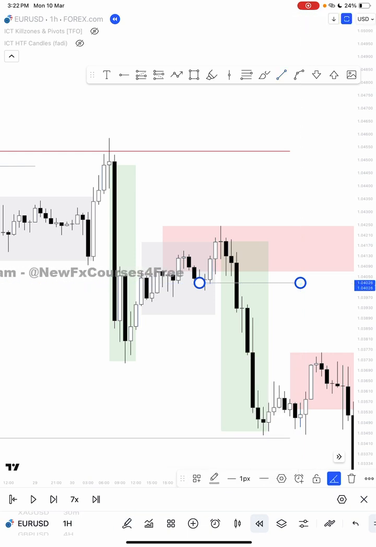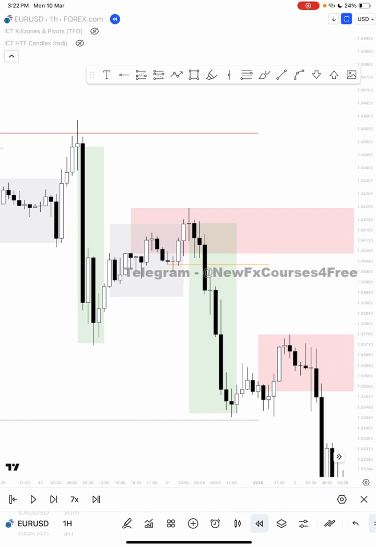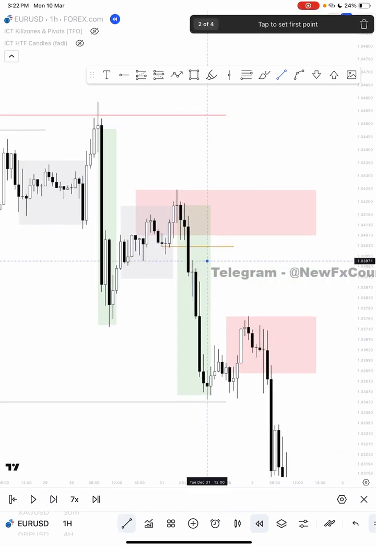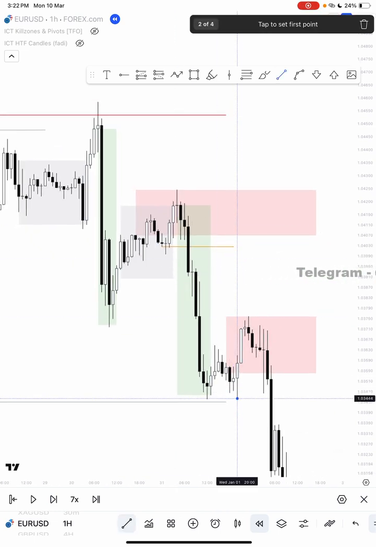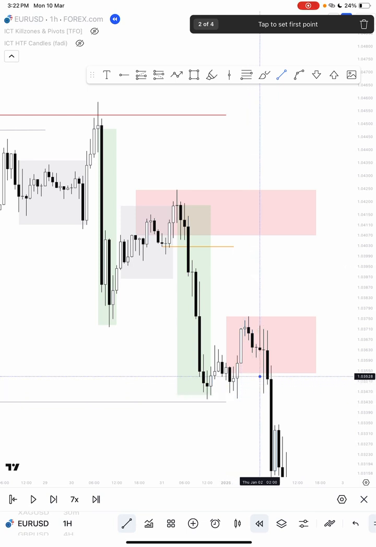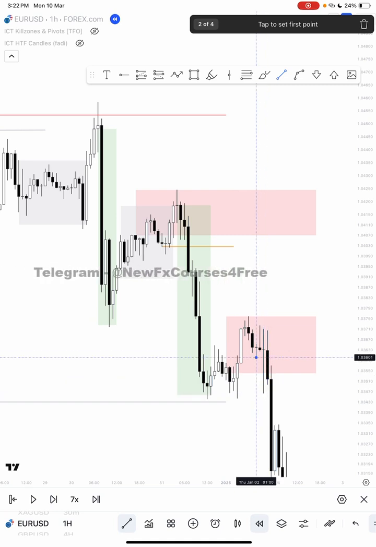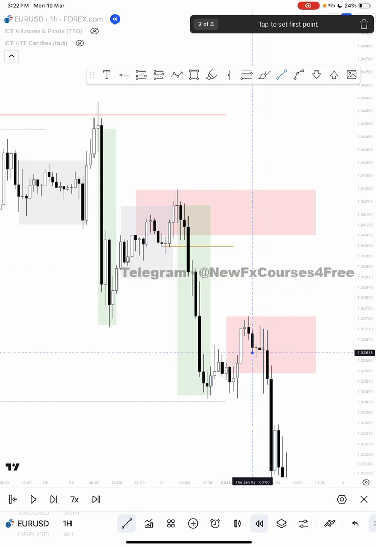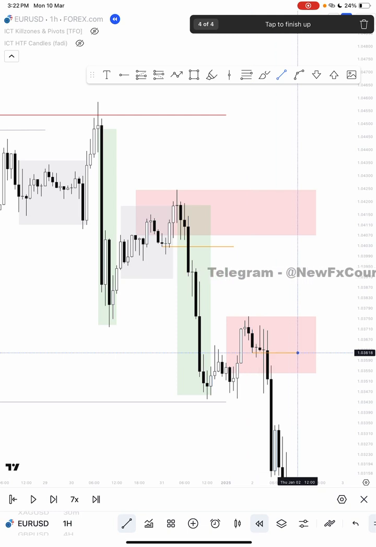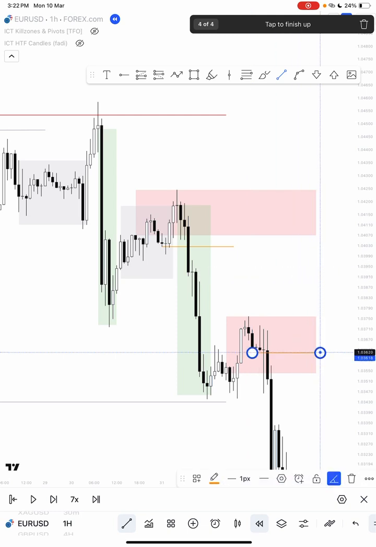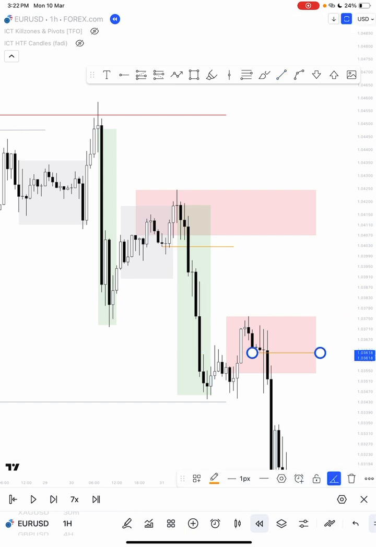Making this orange, and here this was Wednesday, and we got our Thursday opening price over here.